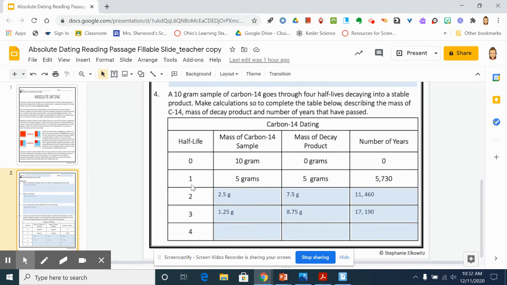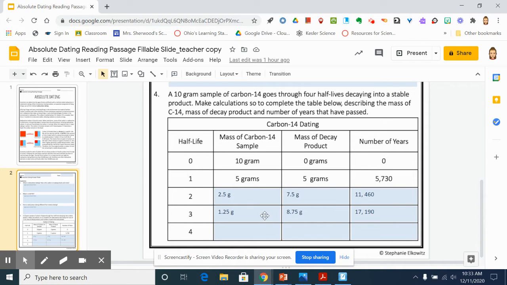So after an organism has died, 5 grams of it still remains of that radioactive sample of carbon-14. However, the other half has become nitrogen-14. So that's why 5 grams is still carbon, whereas 5 of the other grams that we originally started with is now nitrogen. The amount of time it takes for this to occur is 5,730 years.